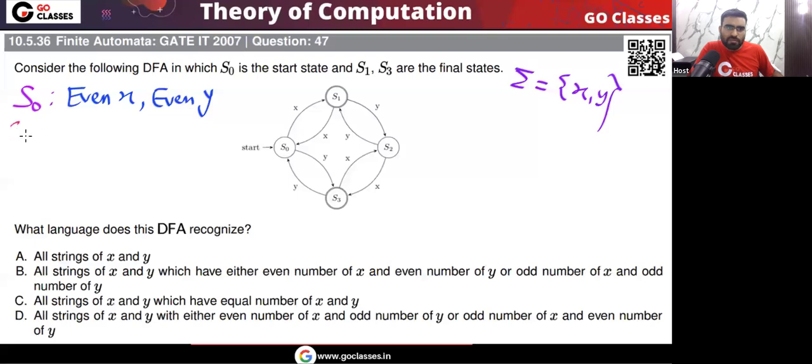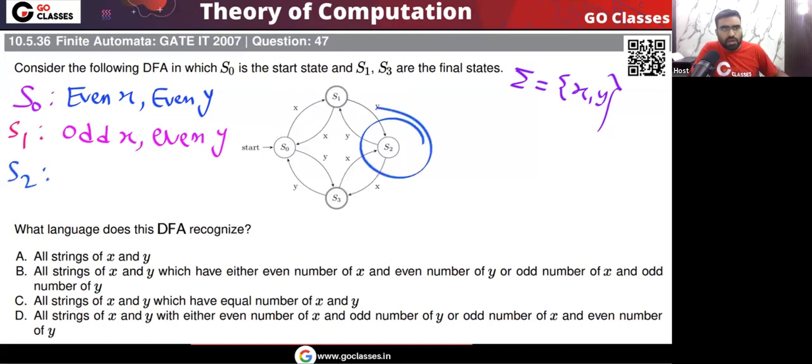What about S1? Focus on S1. Can you notice that in S1 you have odd X, even Y? Very easily, you can see that you have odd X and even Y. What about S2?